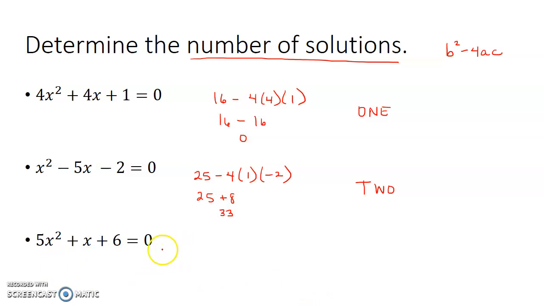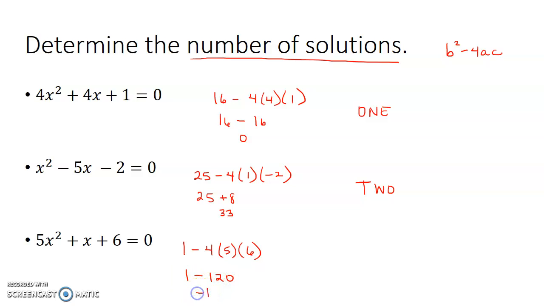And then the last one here, the b value is 1. So 1 squared is 1 minus 4 times 5 times 6. This will end up being minus 20 times 6 is 120.